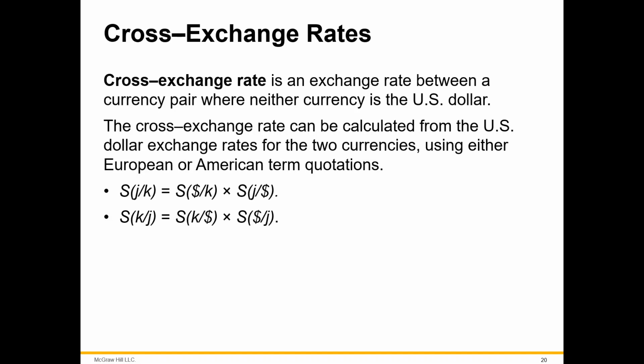So, one important thing we need to think about is a cross exchange rate. A cross exchange rate is an exchange rate between a currency pair where neither is the U.S. dollar. Think about going from Thai baht to Australian dollars.